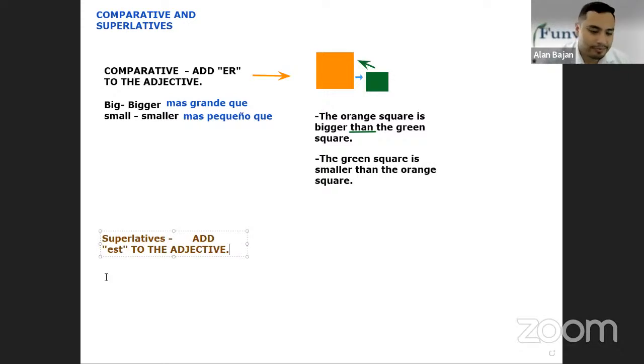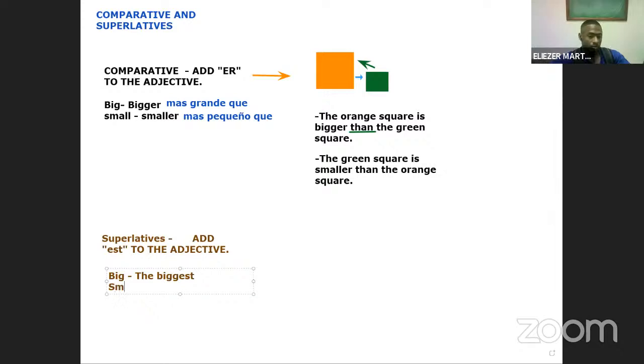For example, big. In the case of big, I duplicate the last consonant, the biggest. Small, the smallest.